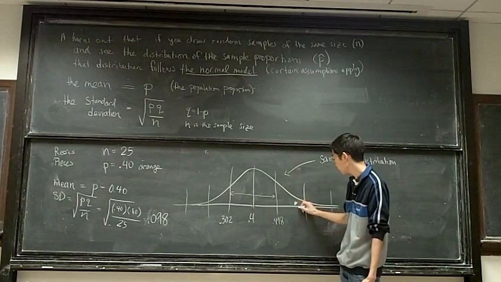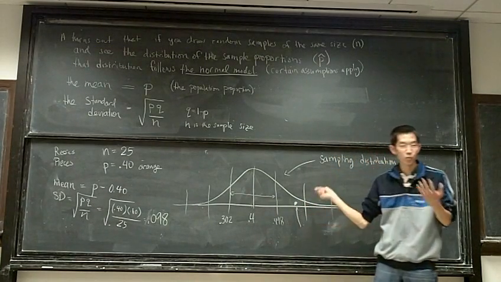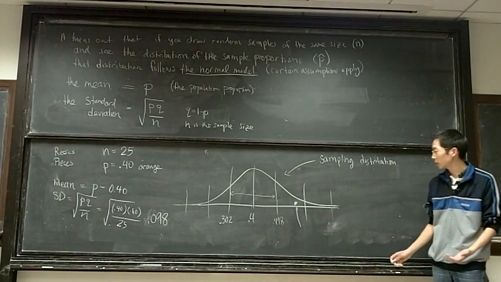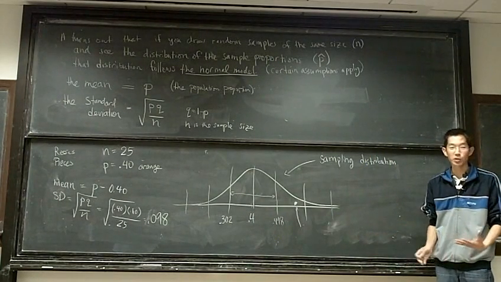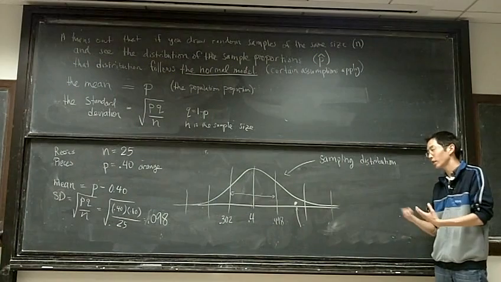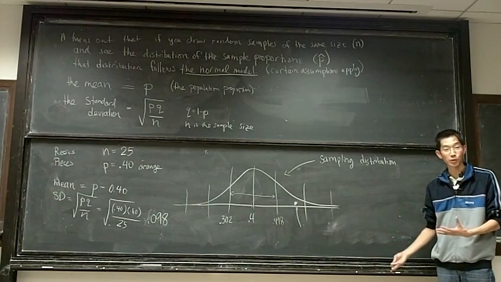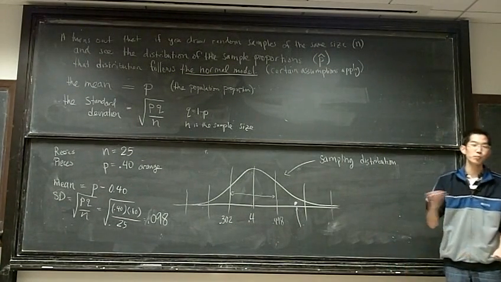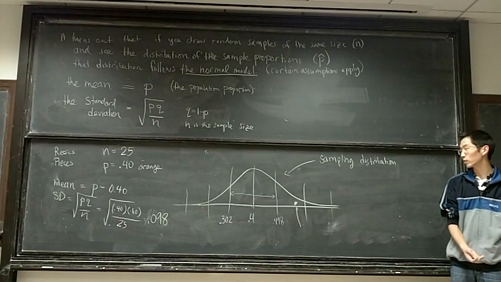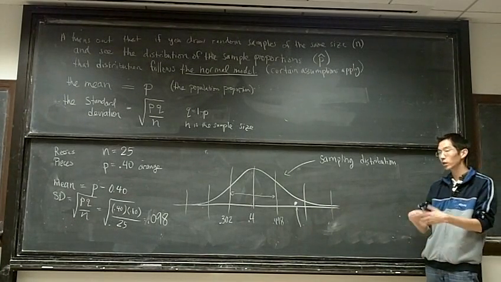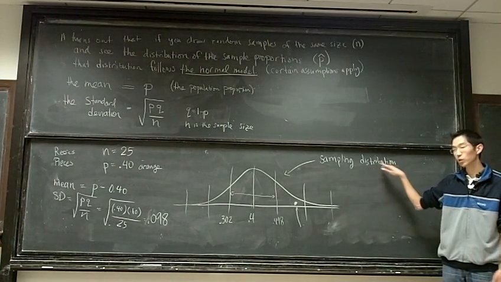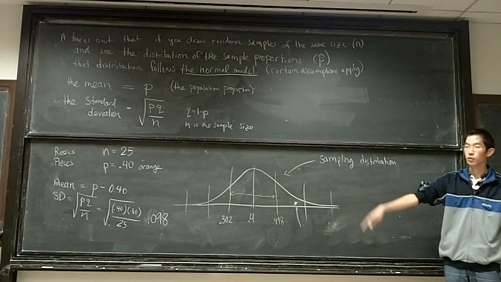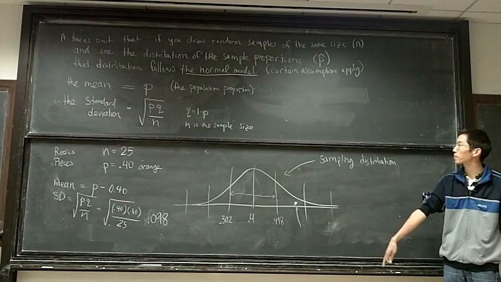Any single sample could be wherever. But if we looked at the overall distribution of what these samples are, some samples will have an unusually high amount of orange pieces. Some samples will have an unusually low amount of orange pieces, okay? If we look at the overall distribution of these samples, the sampling distribution, it would follow the normal model, okay?